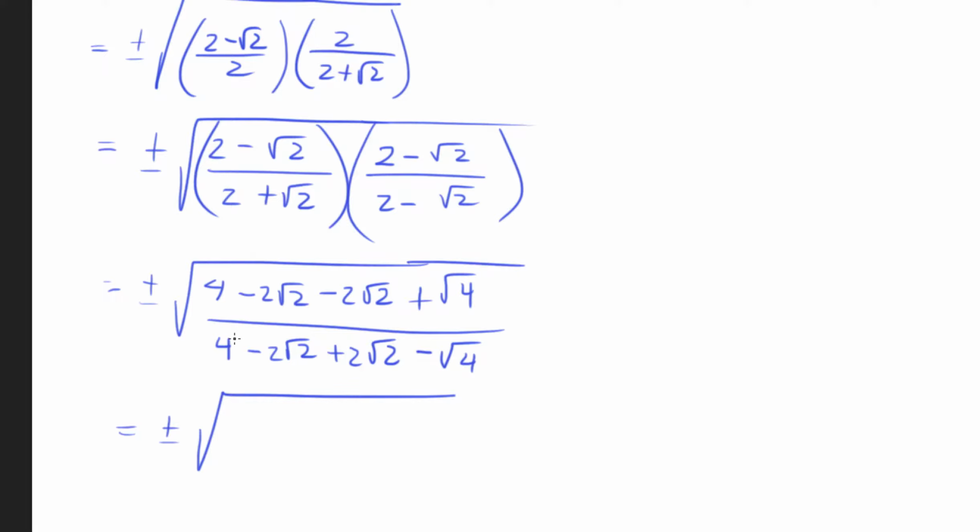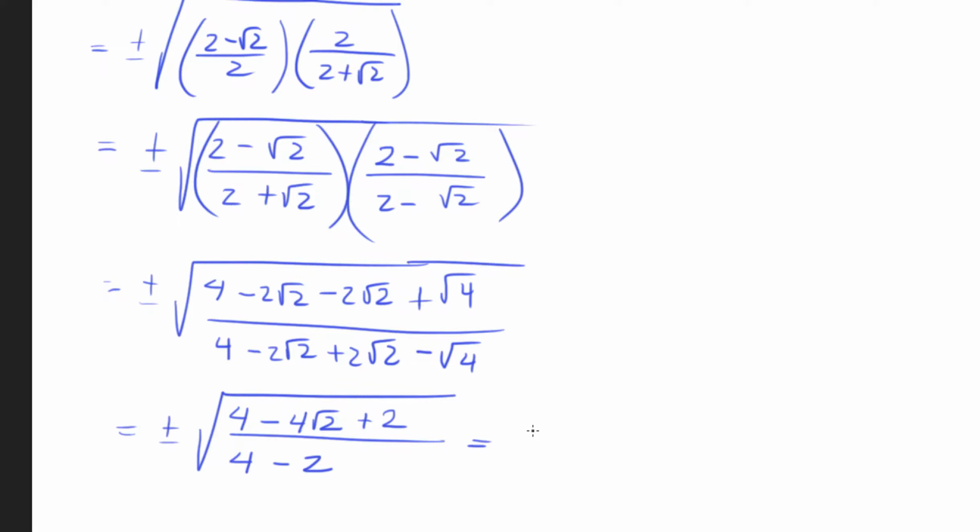Now, 4 cannot subtract with this, but these two are common values. So negative 2 radical 2 minus 2 radical 2 is negative 4 radical 2, plus radical 4 is just 2. The inner terms equal 0, so you're left with 4 minus radical 4, which is 2.